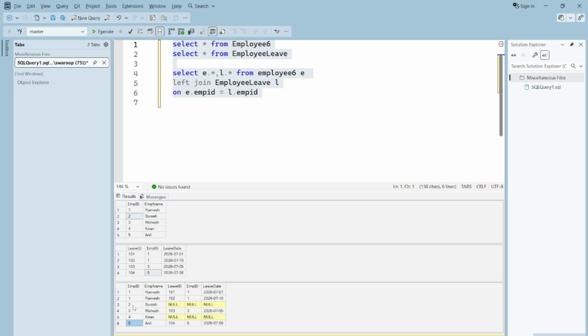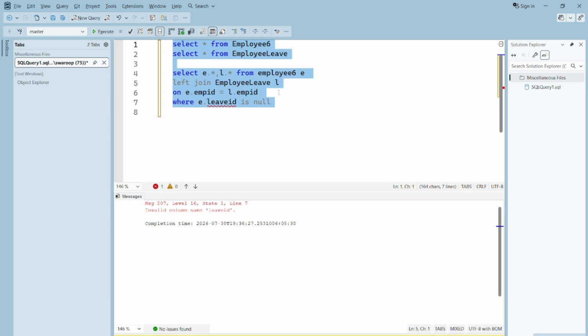Fine. Now I want to fetch only the missing details from the right hand table. So where L dot LEAVE ID is null. If you run this query, sorry, I have given the wrong alias.